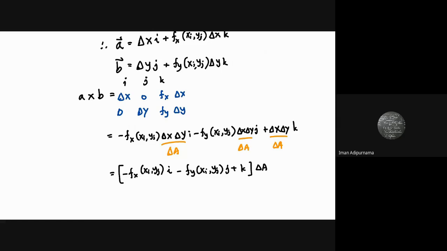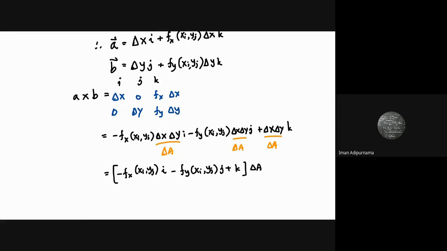Then we can rewrite the delta T from these equations, in which we add the square root and square all the terms: partial x squared, plus partial y squared.